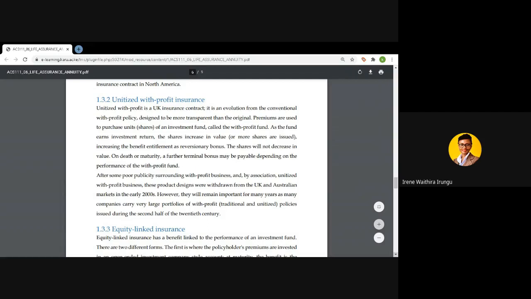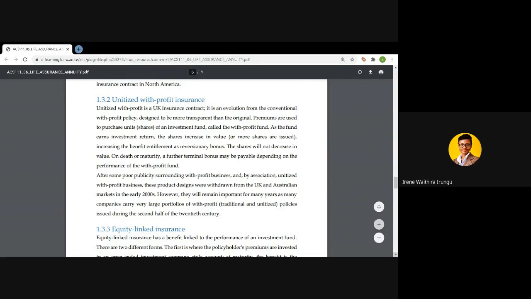As the fund is invested, it will earn some investment return. And this will increase the unit value, or the share value, of Brian's father in the fund, so that it is out of the increase of this share that the insurance company will pay the reversionary bonus. So you can see the transparency therein.